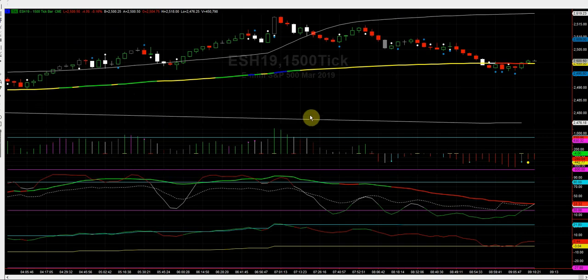Below that panel is the effort oscillator, which tells us the effort that is being used by the trading community to take the price higher or lower.